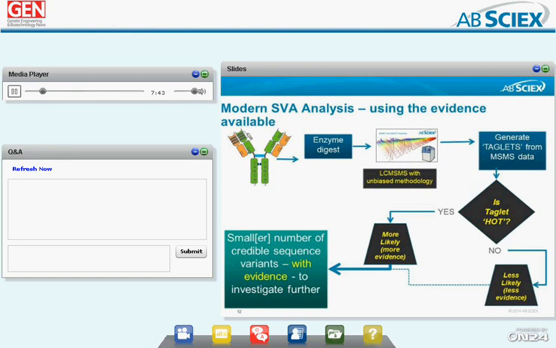Ultimately, what that means is that you end up with a number of credible sequence variants in this case, but with evidence that you can investigate further. And hopefully that list will be a lot more sensible to curate and have a lot more evidence for how you've drawn up your hypothesis or what you've planned to match that against.